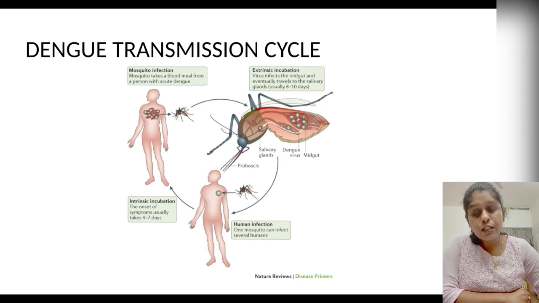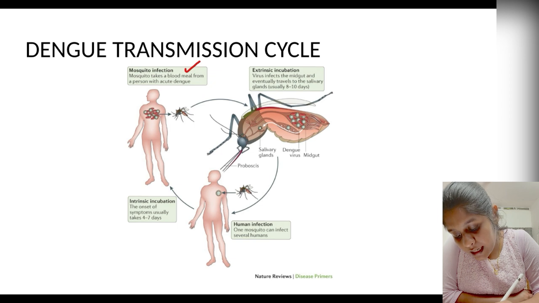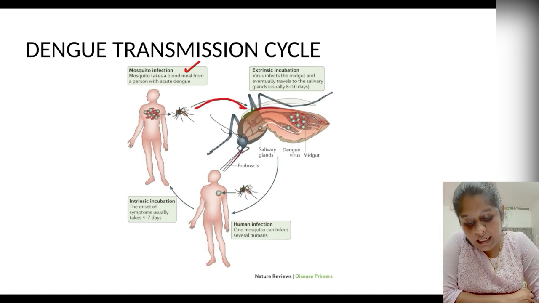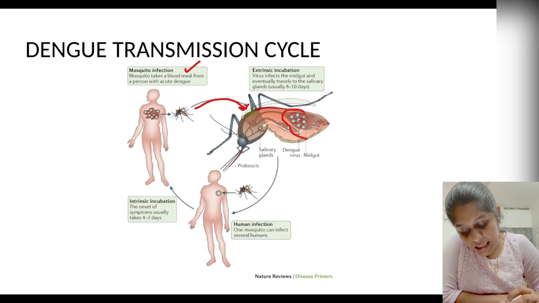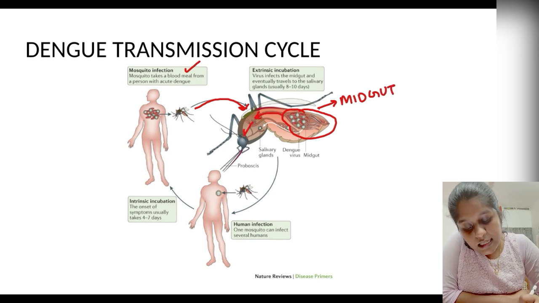Coming to the dengue transmission cycle, a mosquito takes a blood meal from a person with acute dengue, and the virus stays inside the Aedes mosquito. The virus infects the midgut and eventually travels into the salivary gland.